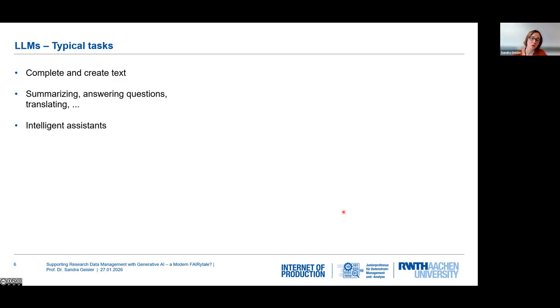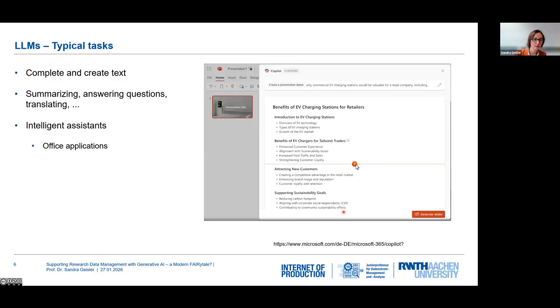And we also see the integration of generative AI into different applications. For example, in office applications, you may know Copilot, integrated here in PowerPoint, where you can describe what kind of pitch you would like to do for a certain product, maybe also provide some images, and let PowerPoint and Copilot create a first draft of a pitch.